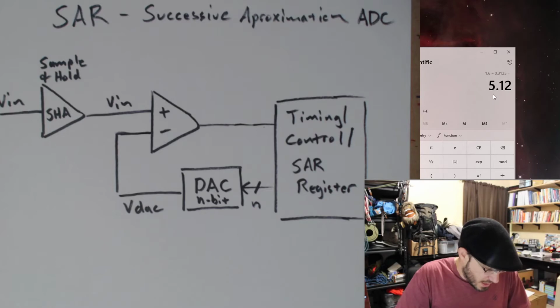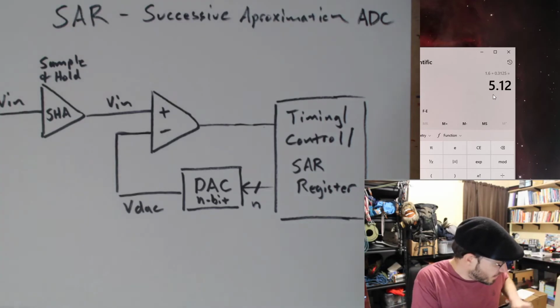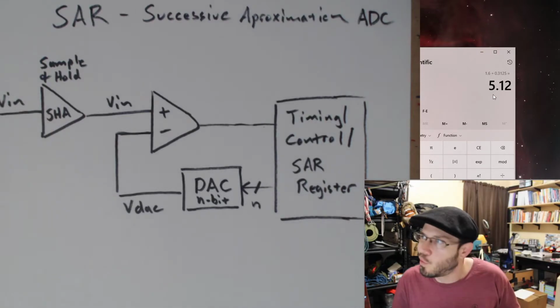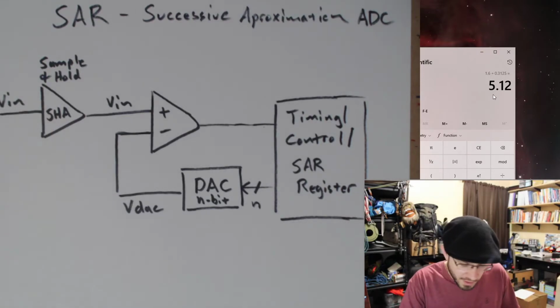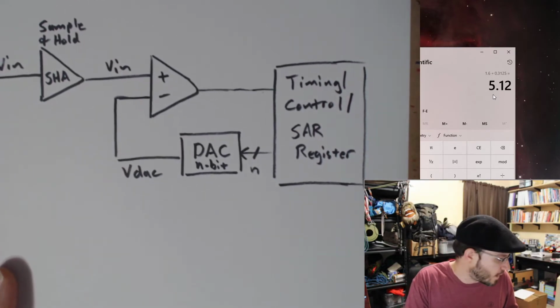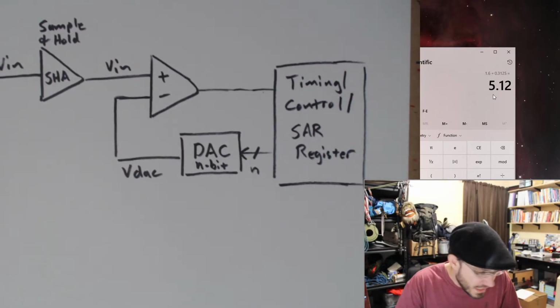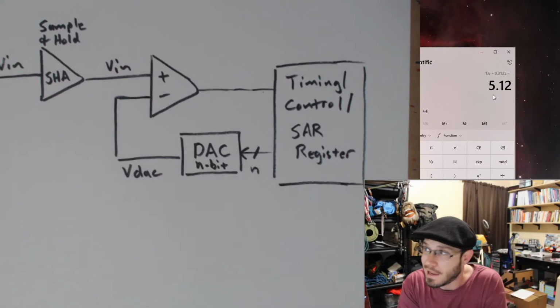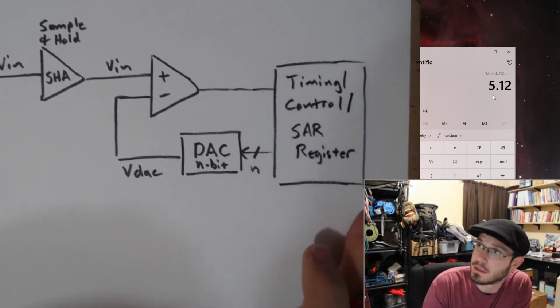Now, I'm going to have to put some values here, and we'll step through the whole process of doing a SAR conversion. Okay, now for my V in, I'm going to use the same V in that I used earlier. I'm going to say it's 1.6 volts.